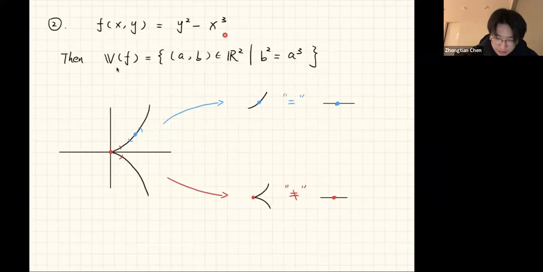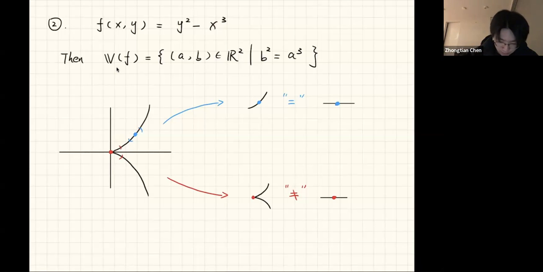And this is another example of an algebraic set. The defining equation will be y squared minus x cubed equals 0. You can draw this curve on the plane, and then let's have a look at this curve.